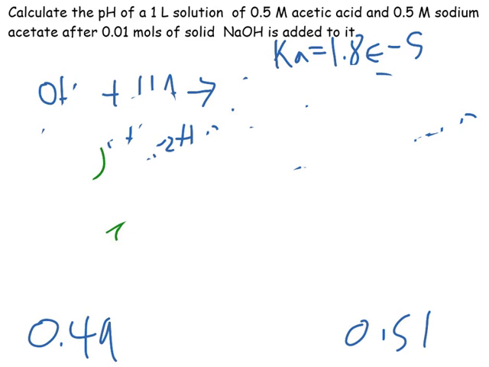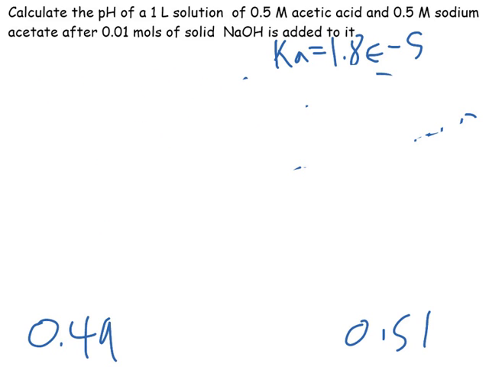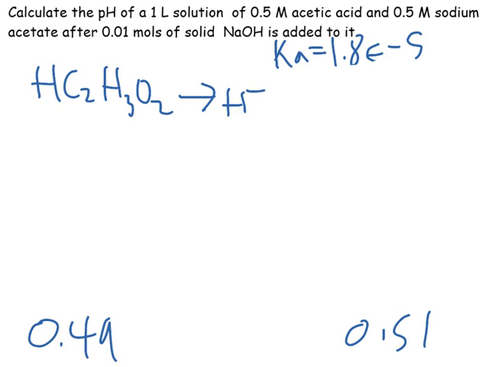If you just remember that the hydroxide reacts to completion with a weak acid to form its conjugate in water, you're good. So now it's just a regular buffer problem. We have our acetic acid, and that's going to dissolve into H plus and acetate.